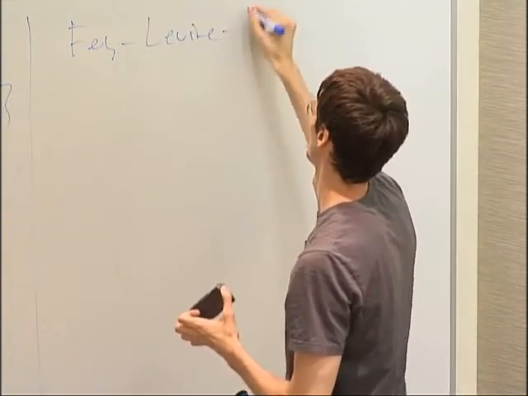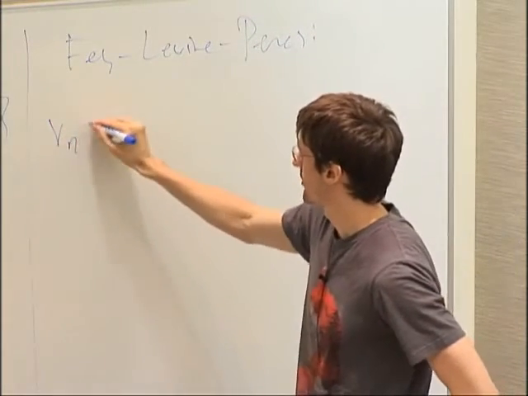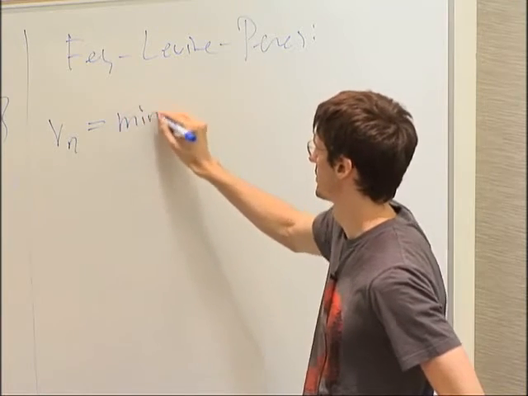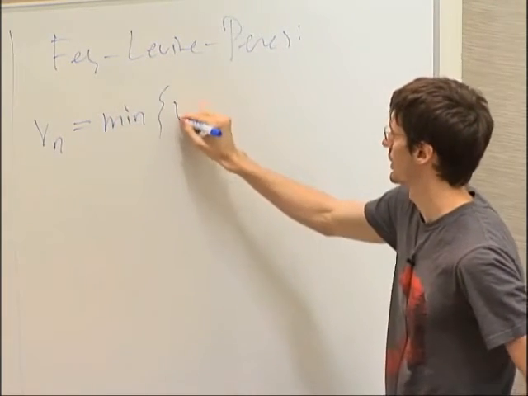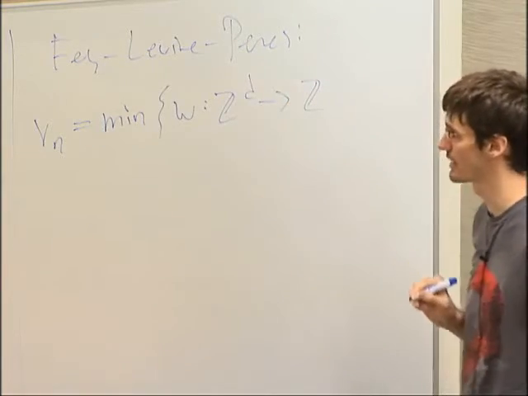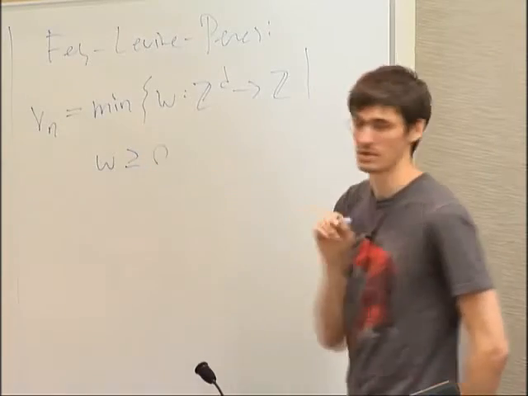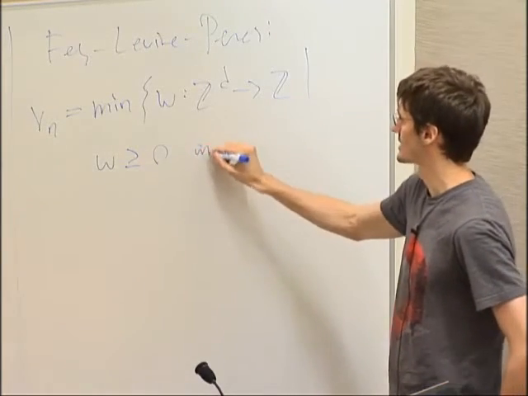What they figured out was that you can write the final odometer function as the minimum, rather than maximum, over all integer valued functions W on the lattice such that two things are true. It has to be non-negative, and it has to be stabilizing.